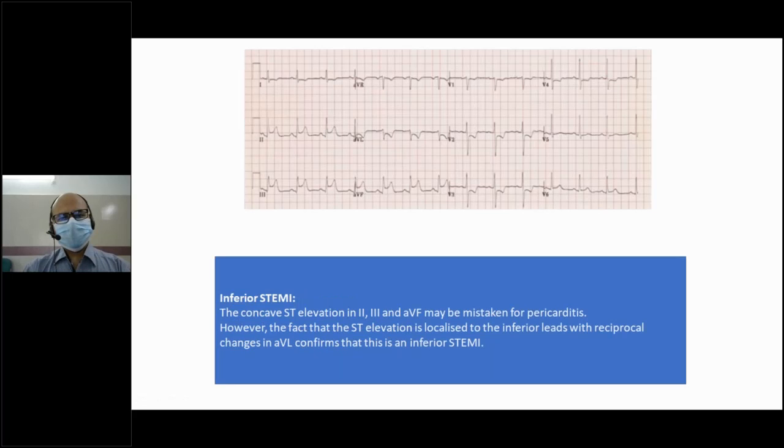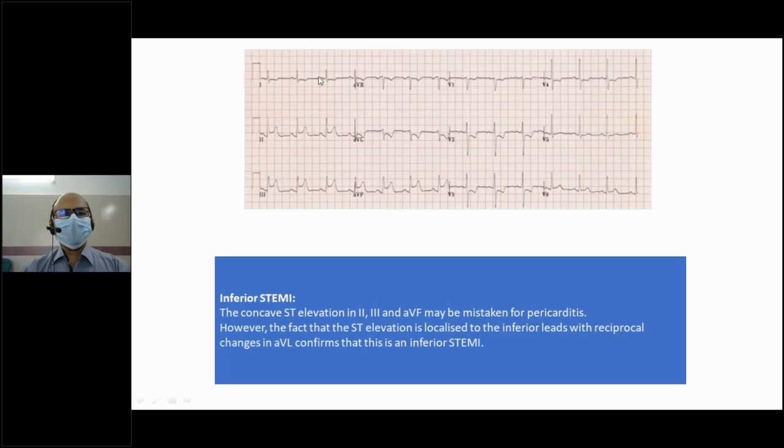This is another ST segment elevation infarction. Sometimes this is confused with acute pericarditis, but some points are present against acute pericarditis.